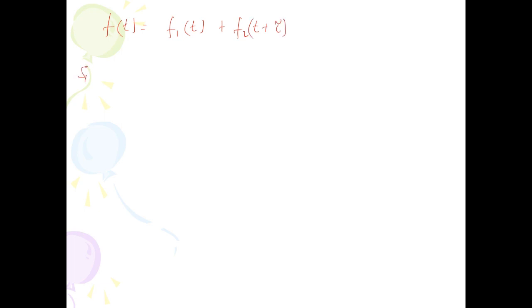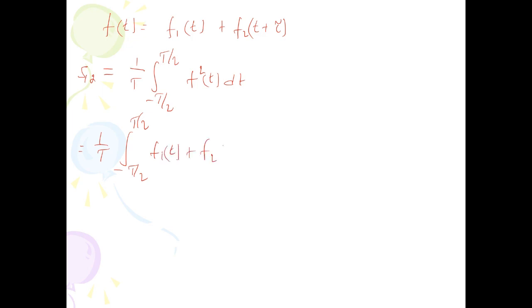Let us calculate this. S1,2 is equal to 1 by T integral minus T by 2 to plus T by 2 f square of t dt. So this is equal to 1 by T integral minus T by 2 to plus T by 2. In place of f of t, you have to replace this, f1 of t plus f2 of t plus tau, whole square dt.